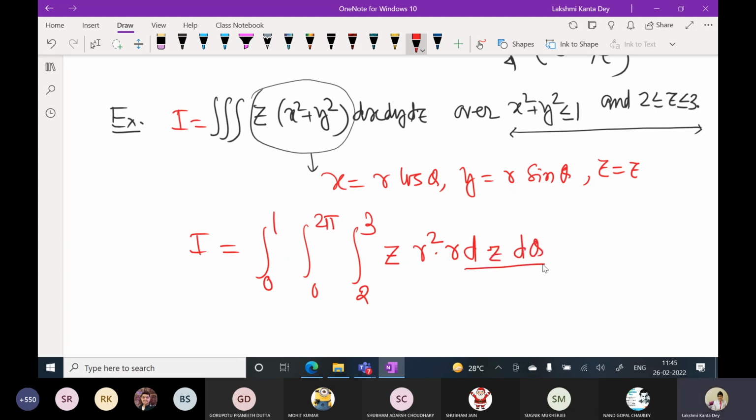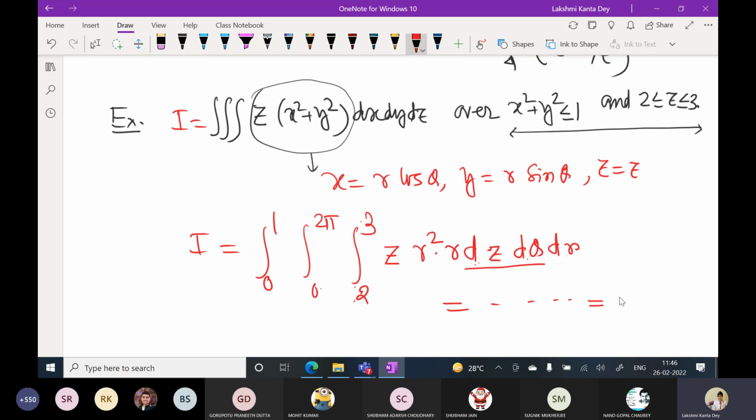Here we have to write it cautiously. It should be first dz, then d theta, then dr, because I put the limit here: z from 2 to 3, then theta from 0 to 2 pi, then r from 0 to 1, and then you can do this.